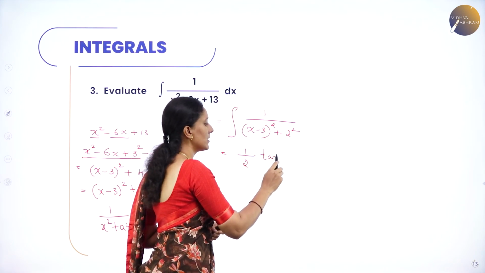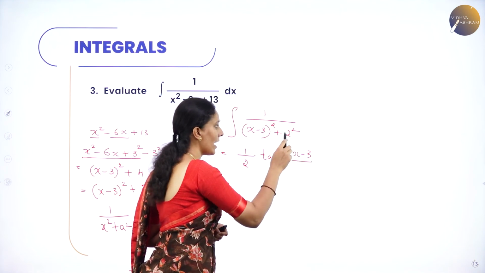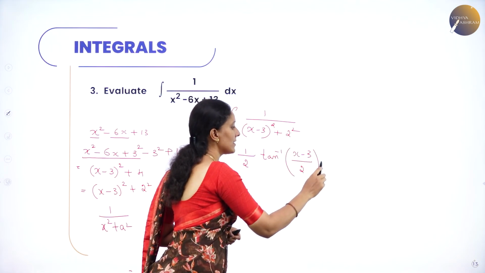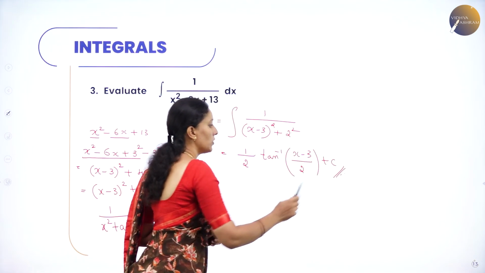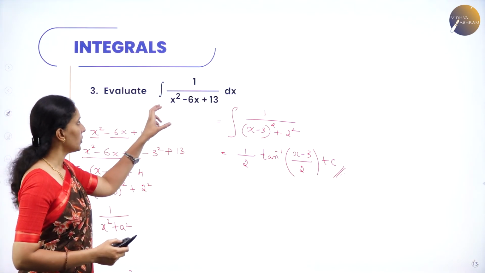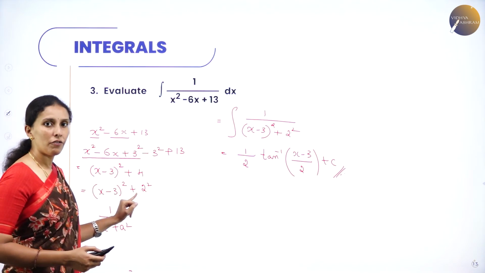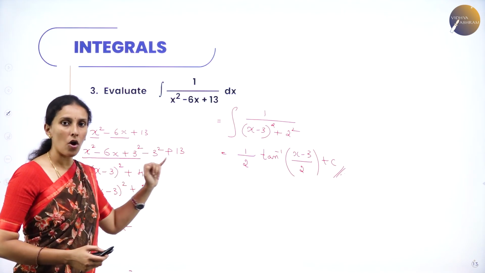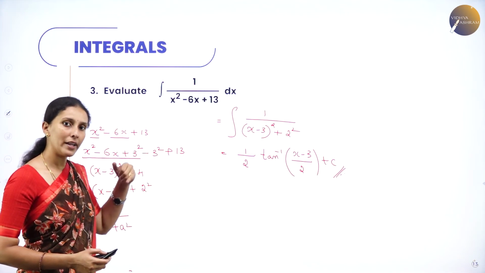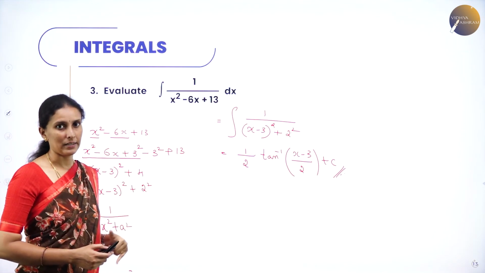Tan inverse of x minus 3 divided by a, which is again 2, plus c. So when you don't have it in any one of the forms, use the completing square method to take it in the form of x square plus a square or x square minus a square or a square minus x square. Then apply the standard integral.